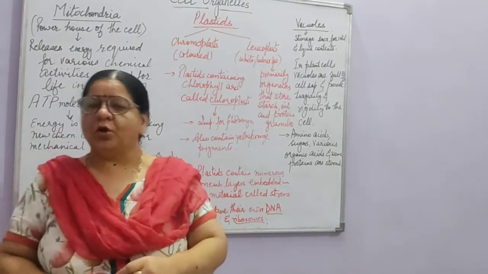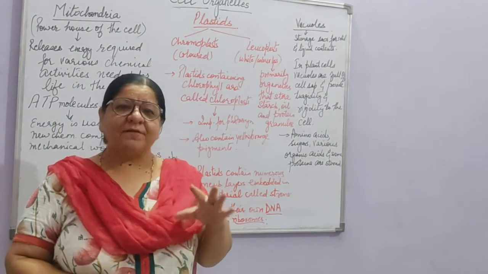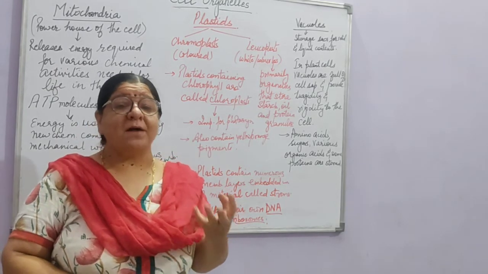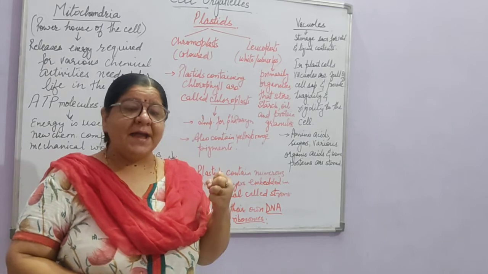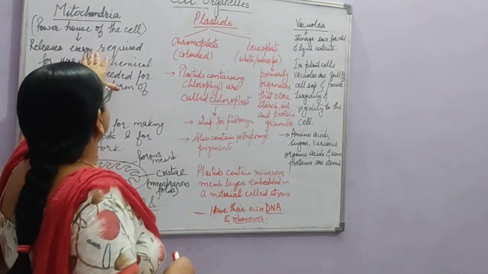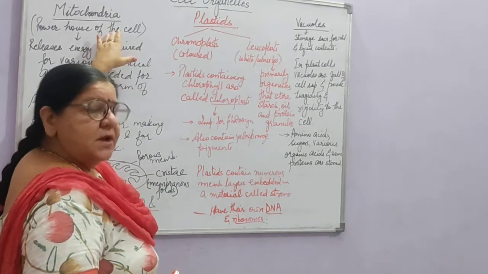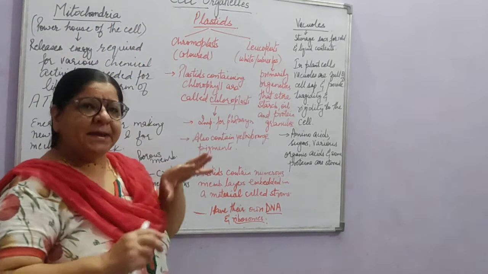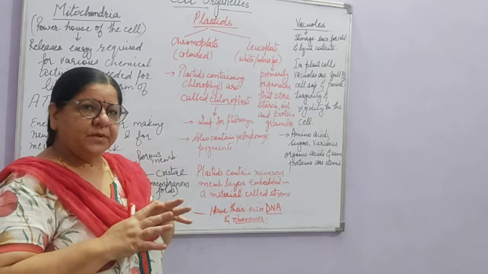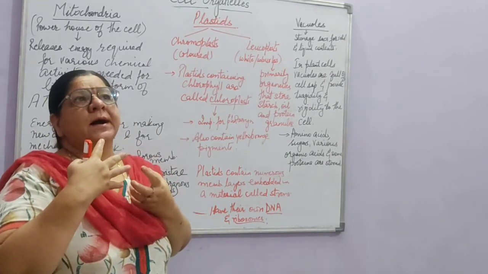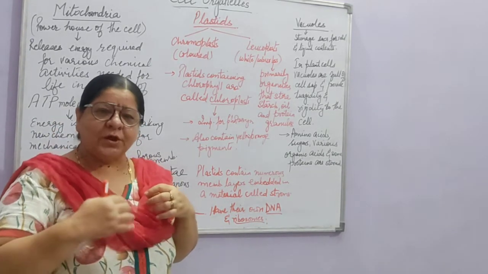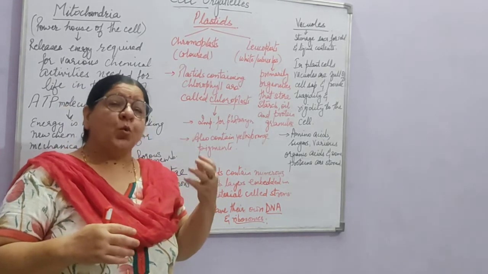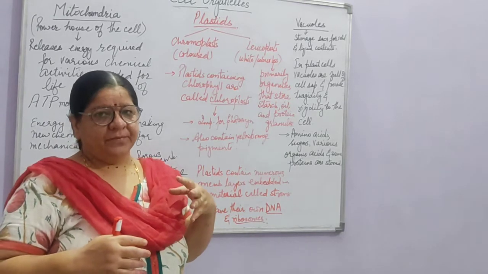Mitochondria are also known as the powerhouse of the cell. Now why are they known as the powerhouse of the cell? Because it releases energy which is required for various chemical activities. There are so many biochemical reactions going on inside our body all the time, and for that we need energy, right?